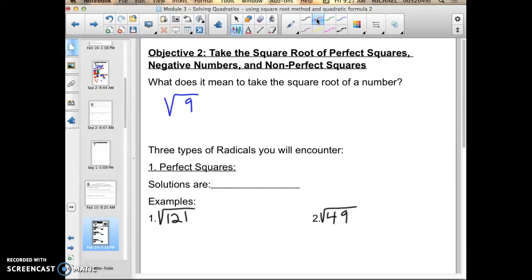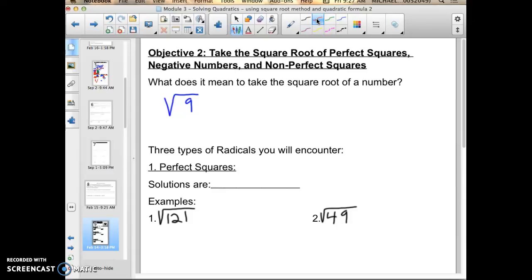And the whole purpose of this is moving forward, as up until now we've only used factoring as a strategy to solve quadratic functions, and factoring leads to always real solutions for the most part. What we're heading into, though, is using the strategy of taking the square root to solve for quadratic functions, and then eventually using the quadratic formula to solve for quadratic functions.